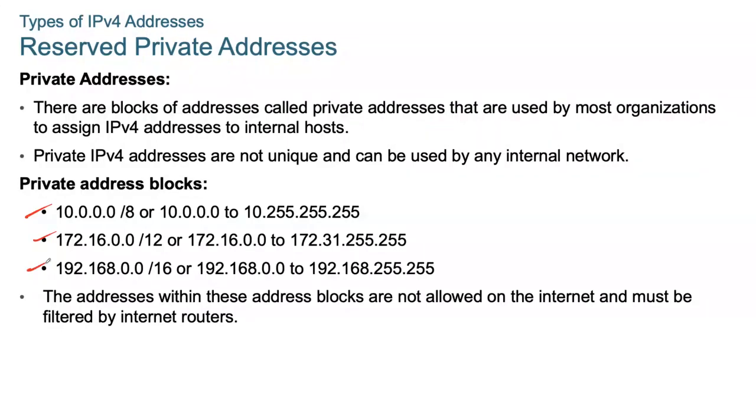One starts with 10. If any address starts with 10 and uses only the first 8 bits for the network, it is the first series of private IP addresses, and it ends with 10.255.255.255. That means if any IP address starts with 10, it is a private IP address. It is used in the LAN.